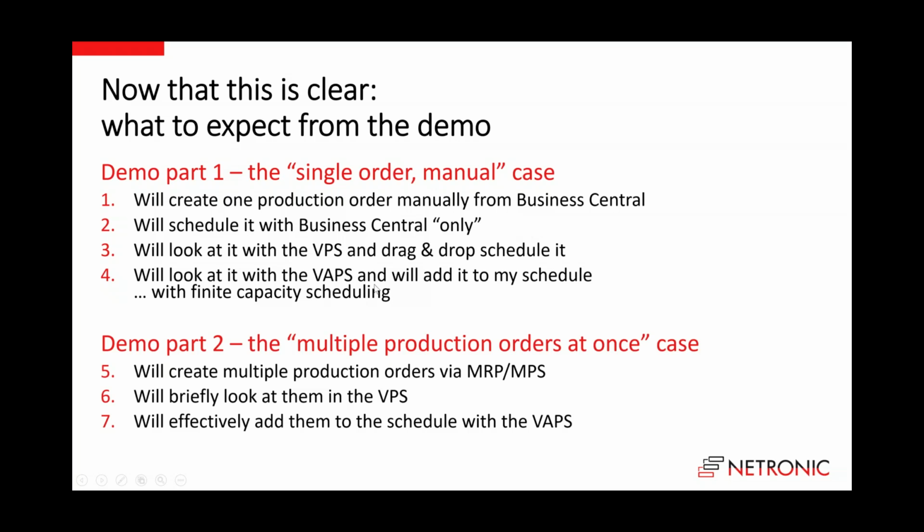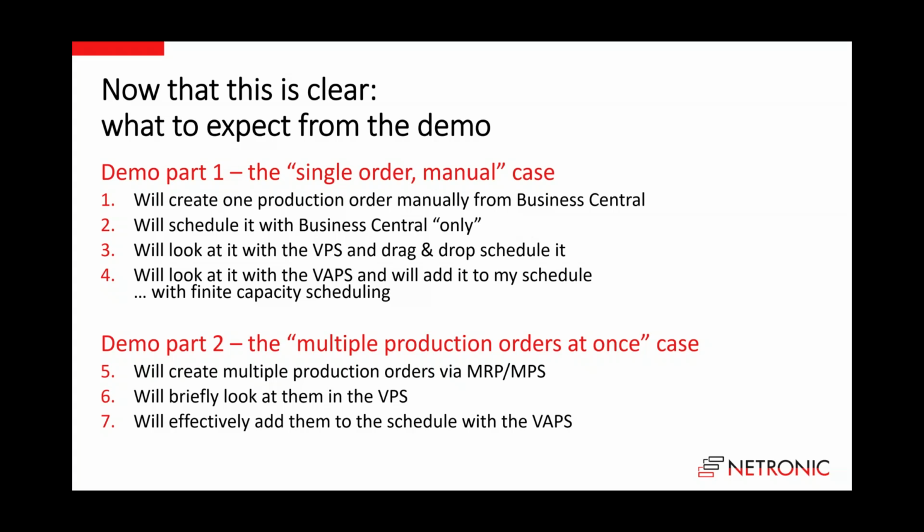The second part of the demo is what I call the multiple production orders at once case. So as I said, there is MRP in Business Central. So I actually will create multiple production orders via MRP, and then we will briefly look at them in the VPS to just see what MRP does there.